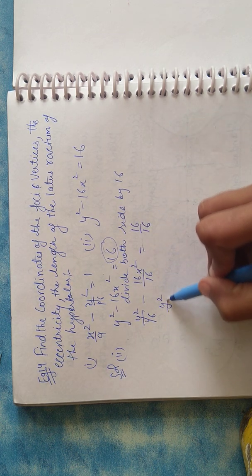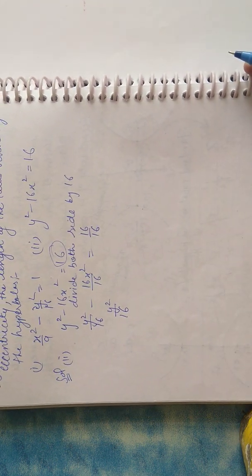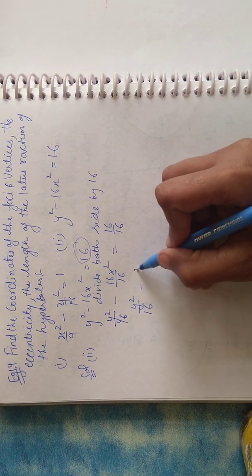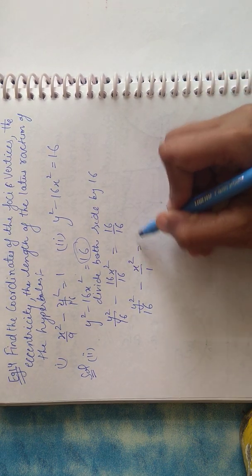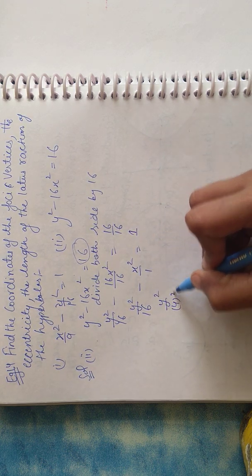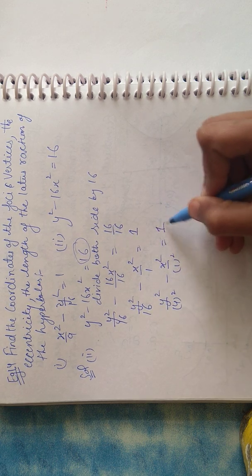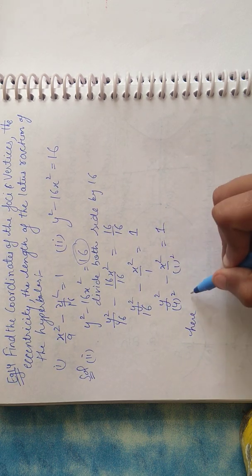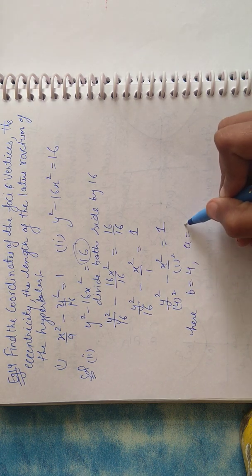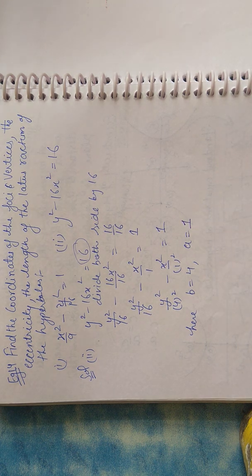So we have got y square upon 16 minus x square upon 1, that is 1. If we change this into whole square form, it will come like this. As per this, here your b is equal to 4 and your a is equal to 1. Okay.